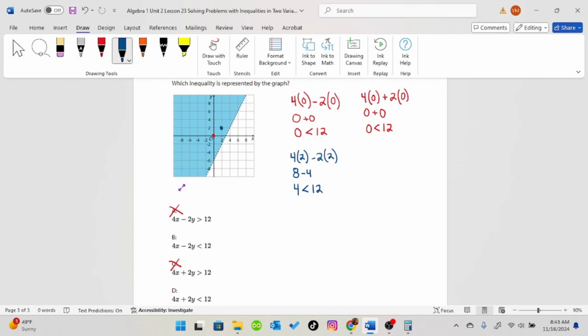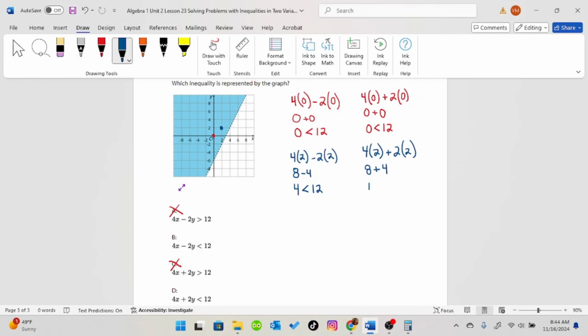So the answer could still be choice B. Let's try it in the other option. 4 times x, which is 2, plus 2 times y, which is also 2. 4 times 2 is 8. 2 times 2 is 4.